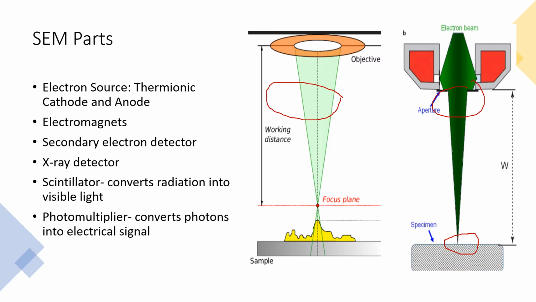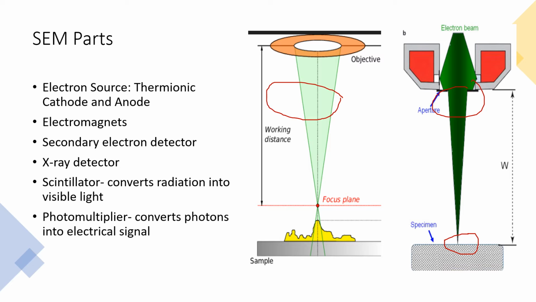Finally, we have the secondary electron detector. Now, if you remember, we classified electron microscopes on the basis of how the images are produced. In a transmission electron microscope, electrons pass through the specimen, but in a scanning electron microscope, electrons do not pass through the specimen.